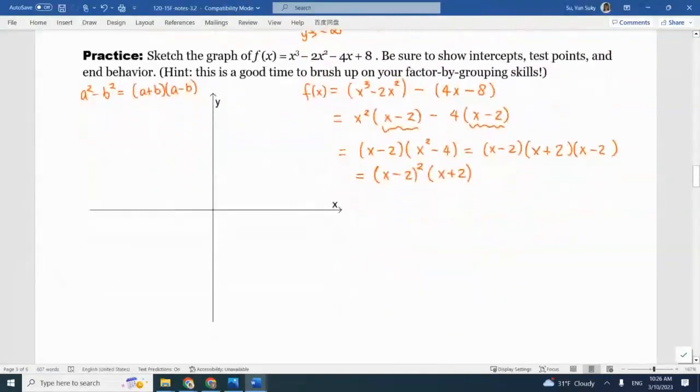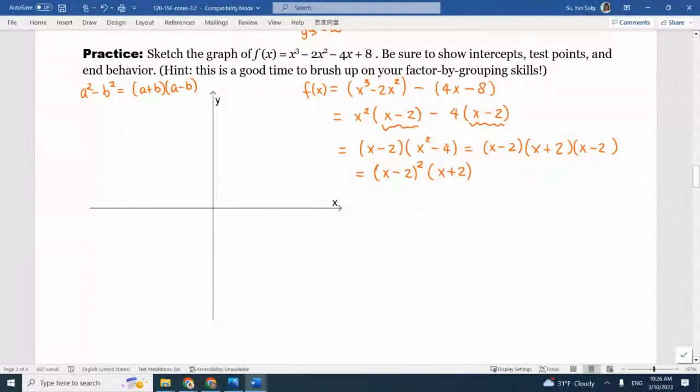Okay. All right, everybody? Okay. So now we can start. To find the x-intercept, we set this equal to 0. So we get what? Haley?